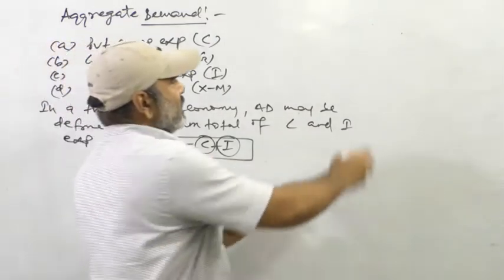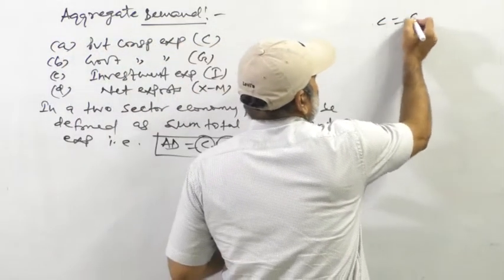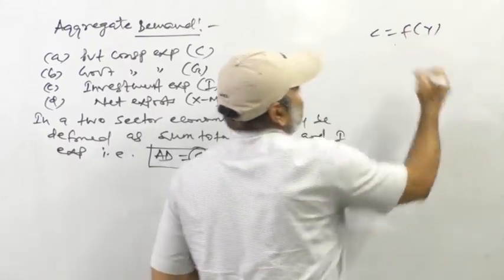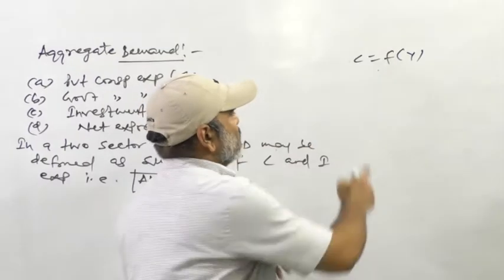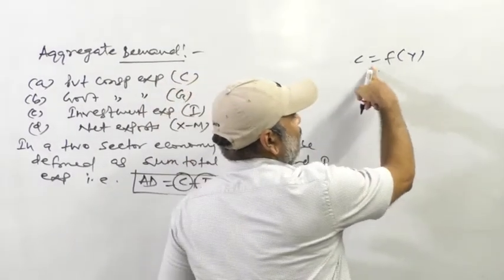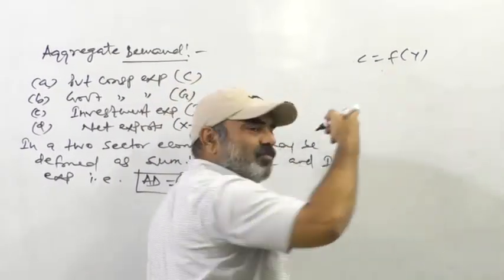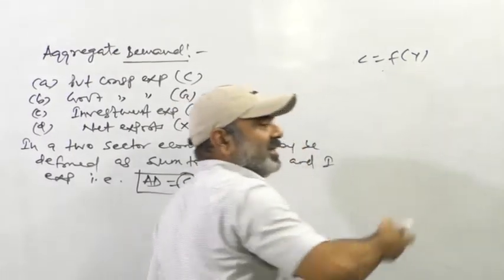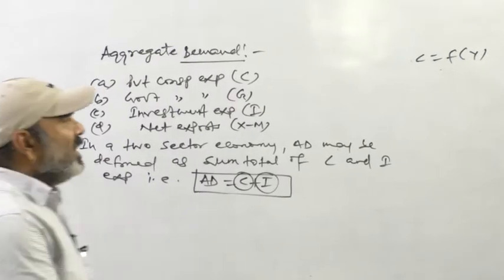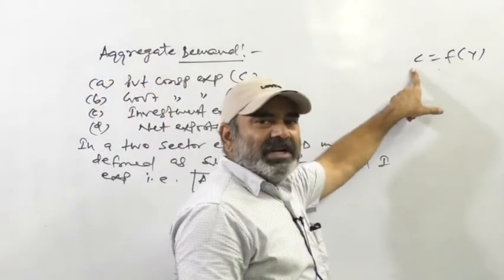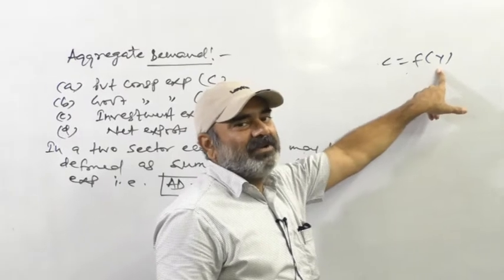Consumption. See, consumption is actually the function of income. C for consumption is equal to f of Y, that is income. That means how much we consume depends on the level of income.